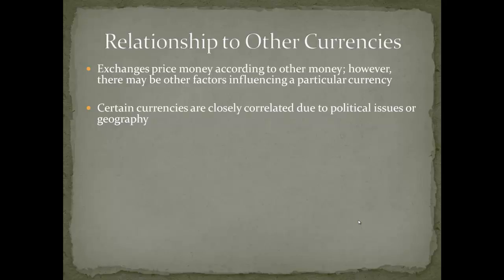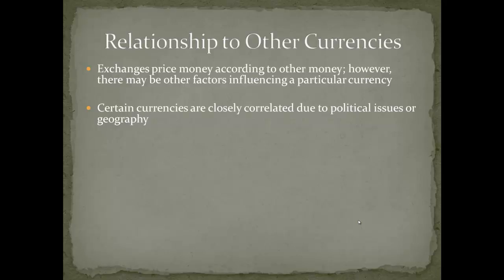So whether the dollar goes up or down, it may have an indirect impact on the value of the Iranian currency or the value of the North Korean currency. It's going to have significantly less than, let's say, the value of the Chinese currency or the European Union's currency, the euro.